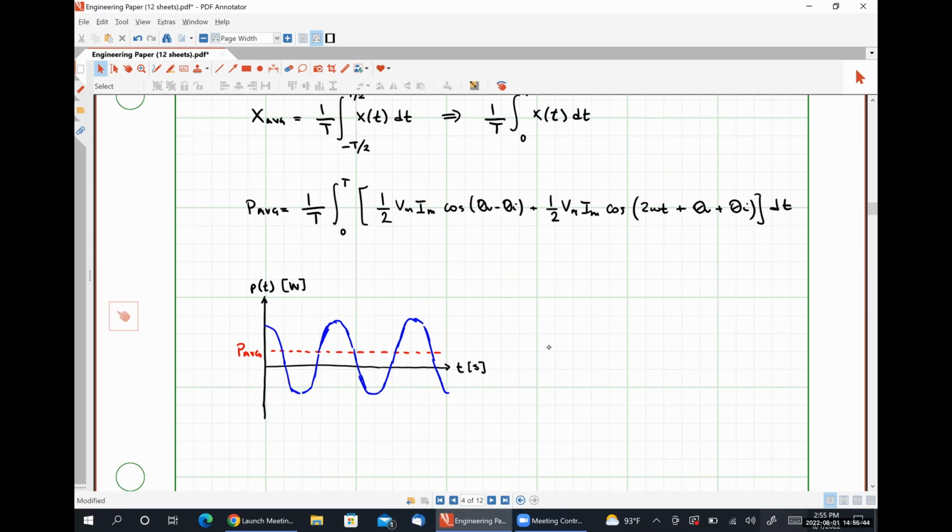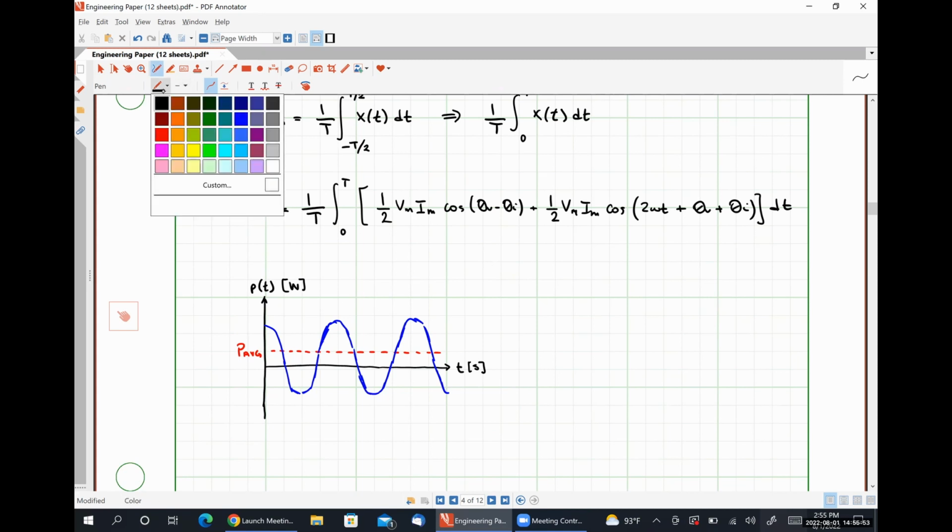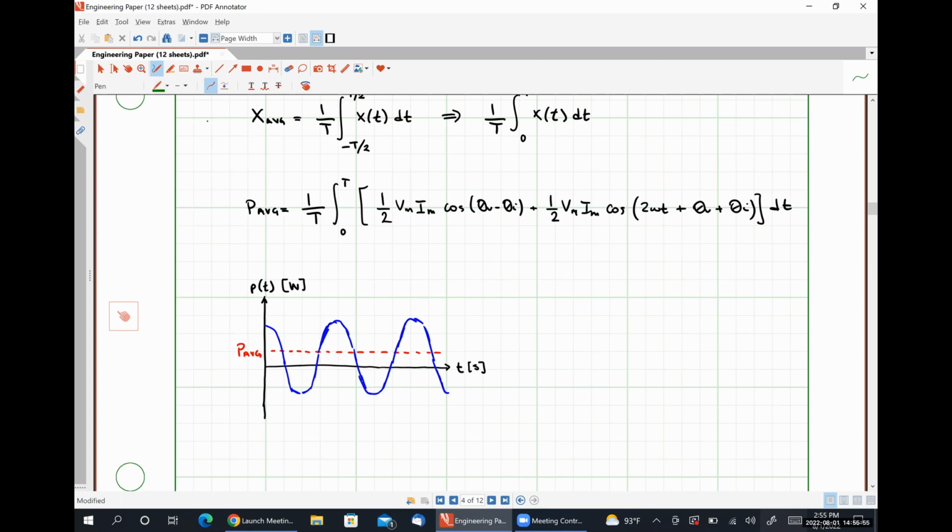So this is my graph. I'm going to use this green line right here to identify one period of this sinusoidal waveform.